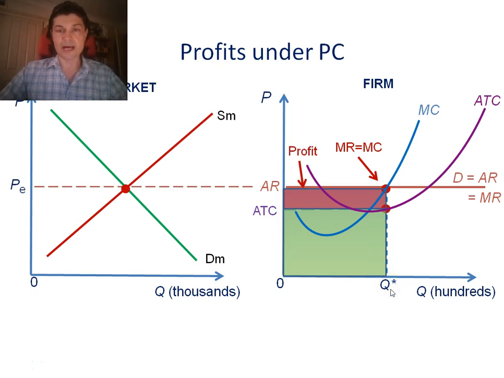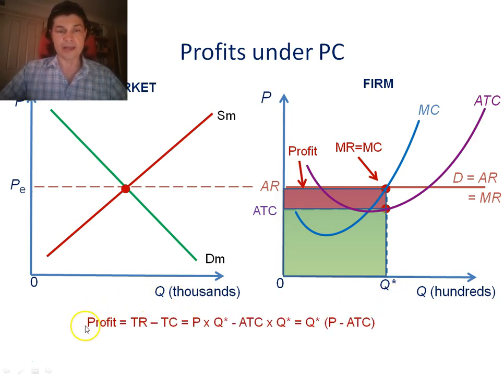So let's indicate it as profit. This profit can also be called economic profit or supernormal profit. And let's see, our profit is equal to total revenue minus total cost, which can also be recorded as price multiplied by quantity, which is the same as total revenue, minus average total cost multiplied by the quantity.